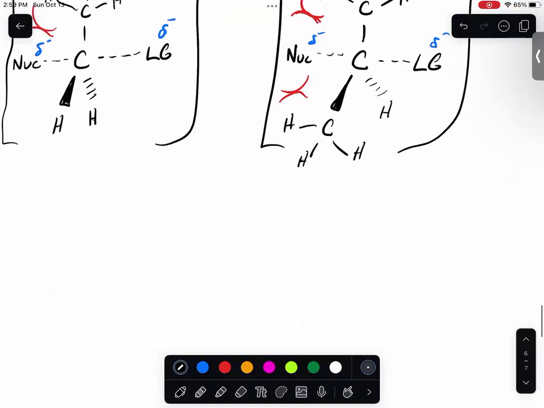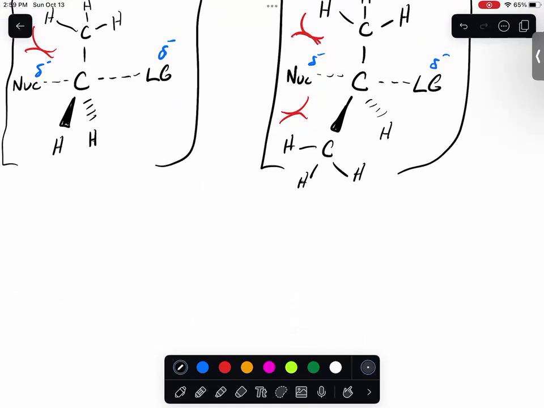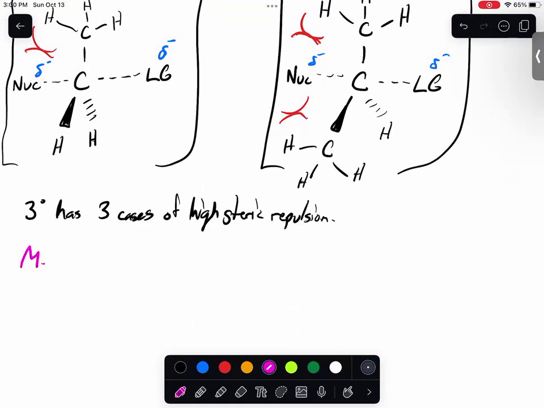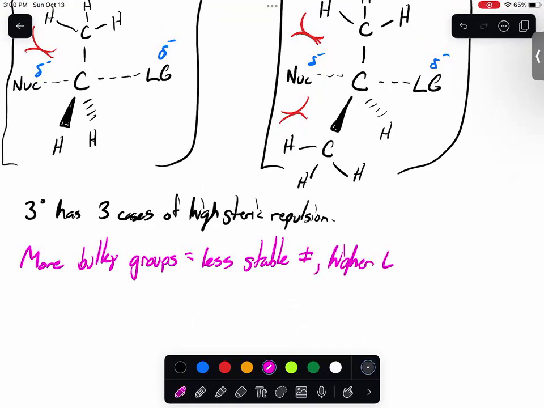Not to mention, the tertiary has three cases of high steric repulsion. And so what this means is the more bulky groups that are around that carbon, it's less stable for the transition state, and thus a higher activation energy.